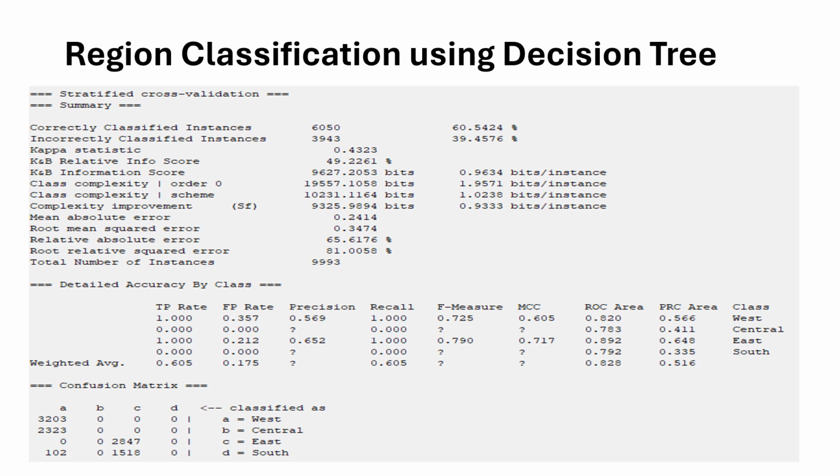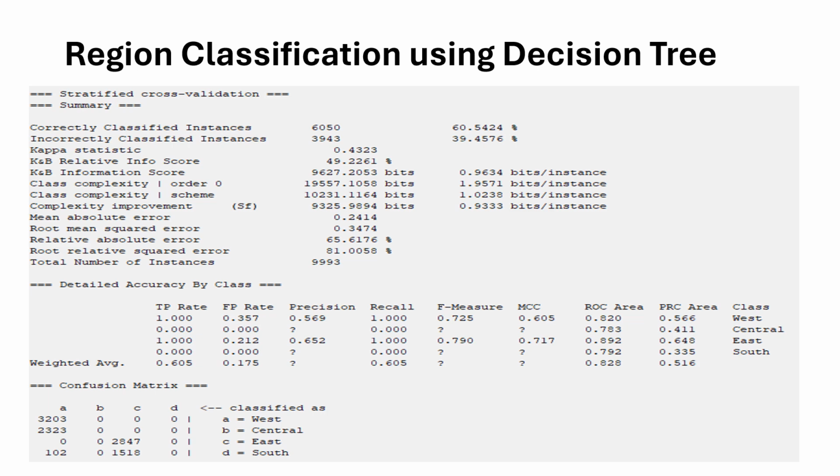And here is the visual graph of regional classification using decision tree. As we can see here, in this model there are a total of 9,993 instances, where 6,050 instances were classified correctly and 3,949 instances were classified incorrectly.